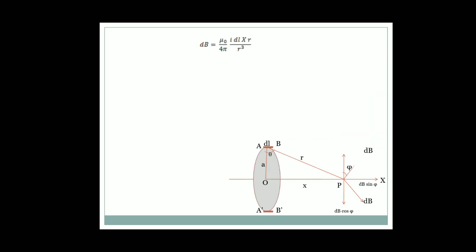The angle between dl and r is 90 degrees, so dB is equal to mu naught by 4 pi into I dl sin 90 by r square. But we know sin 90 is equal to 1, so dB is equal to mu naught by 4 pi into I dl by r square.